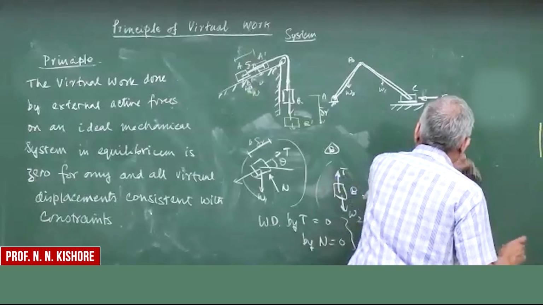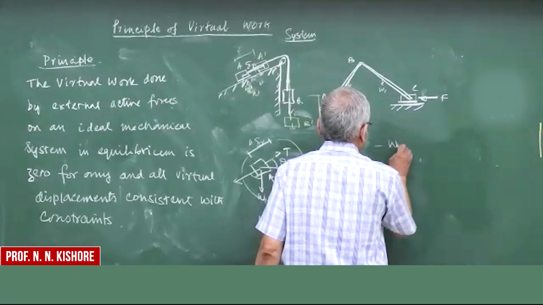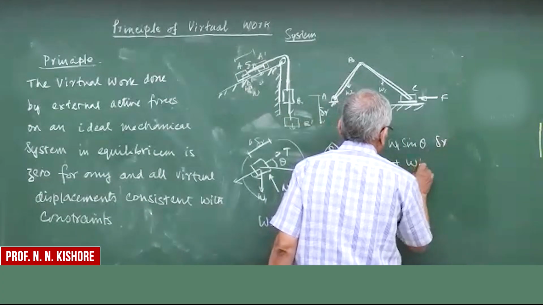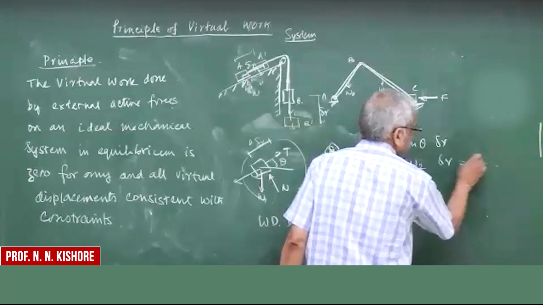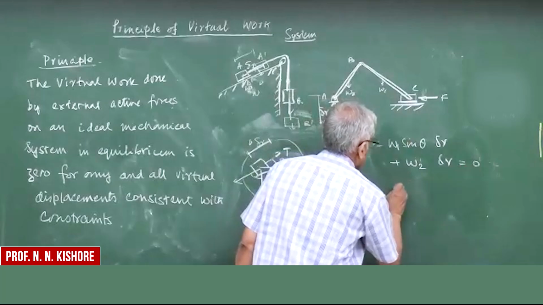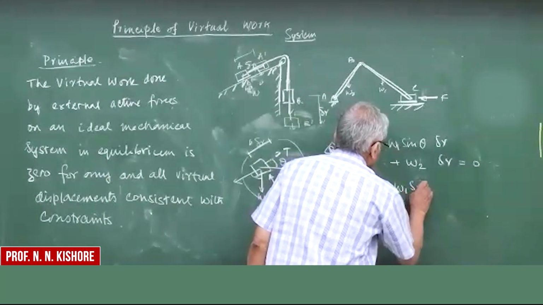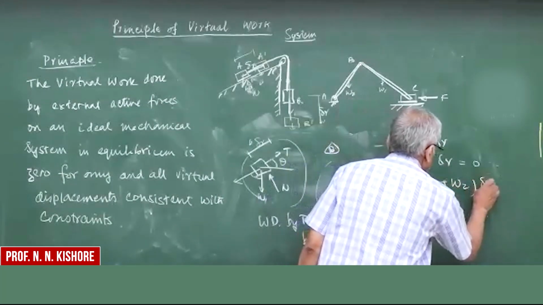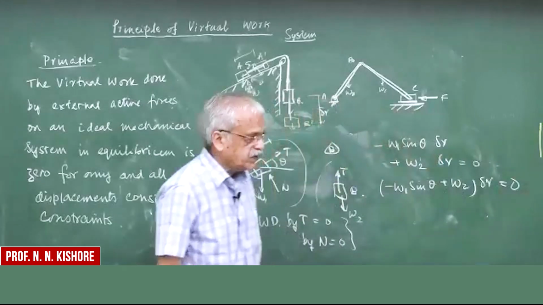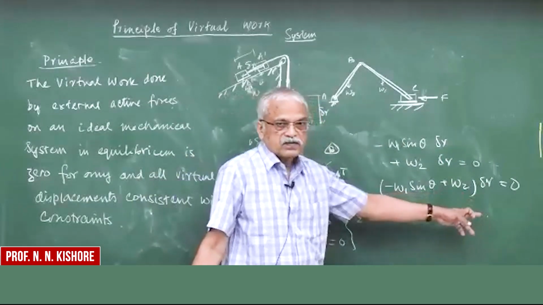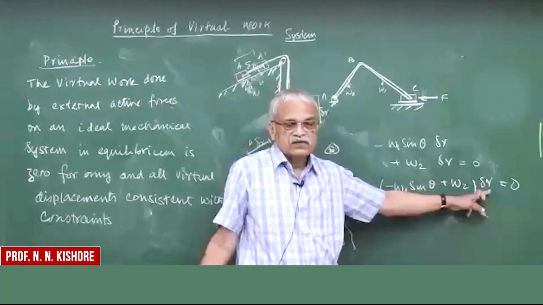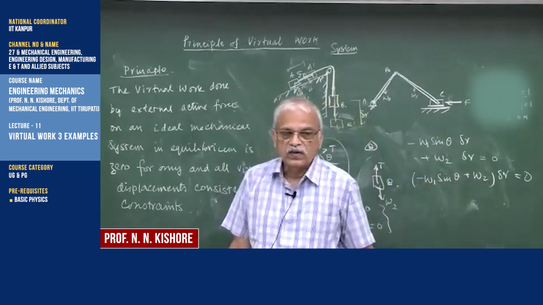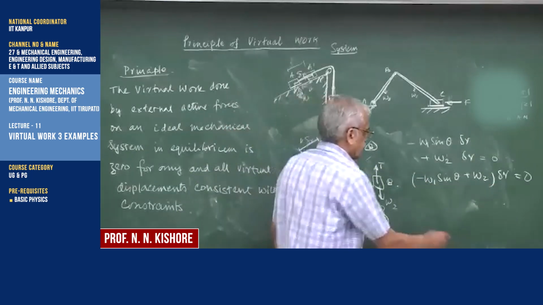See how beautifully and elegantly it comes. W1 sine theta delta R plus W2 into delta R is 0. This is the one you should appreciate. That means this has to be 0 for all arbitrary values of delta R, which means the one in the bracket has to be 0 at all times. So that is the equation.